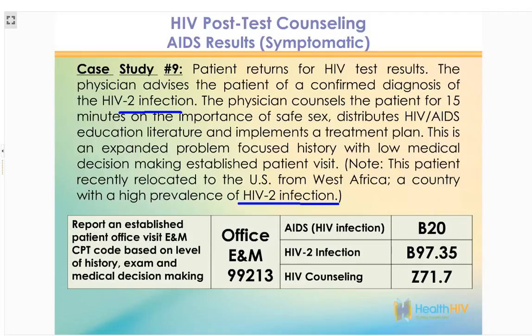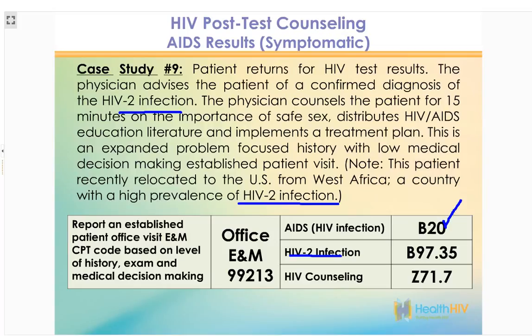Keep in mind that you may get patients from other countries that come into the U.S. to visit family members, or they may relocate to the U.S. So you may have to provide care to a patient that has the HIV-2 infection. The principal diagnosis is always going to be B20.